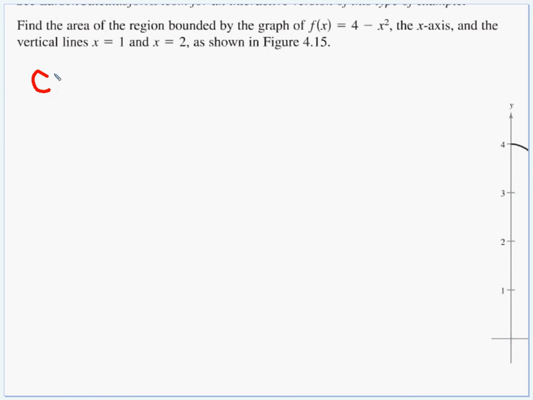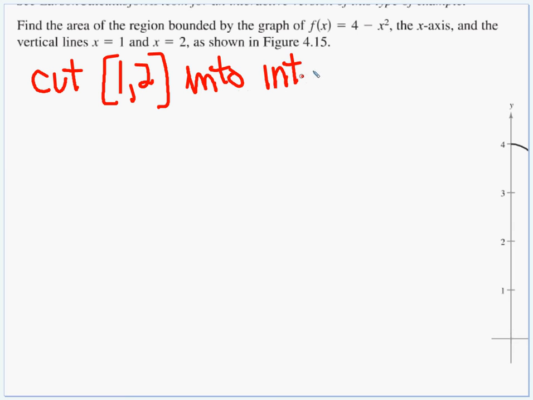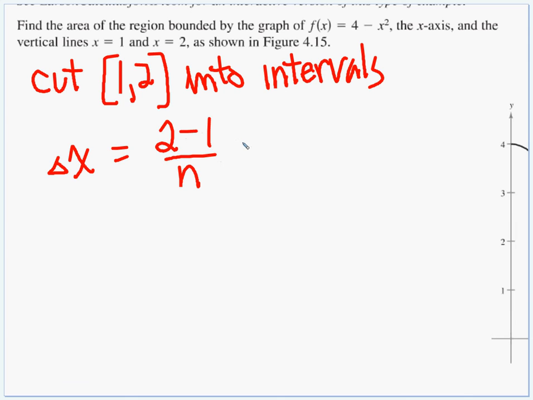So we are now going to cut the interval [1, 2] into n intervals. So our delta x is (b minus a) over n, or (2 minus 1) over n, or just 1 over n. That's not bad.